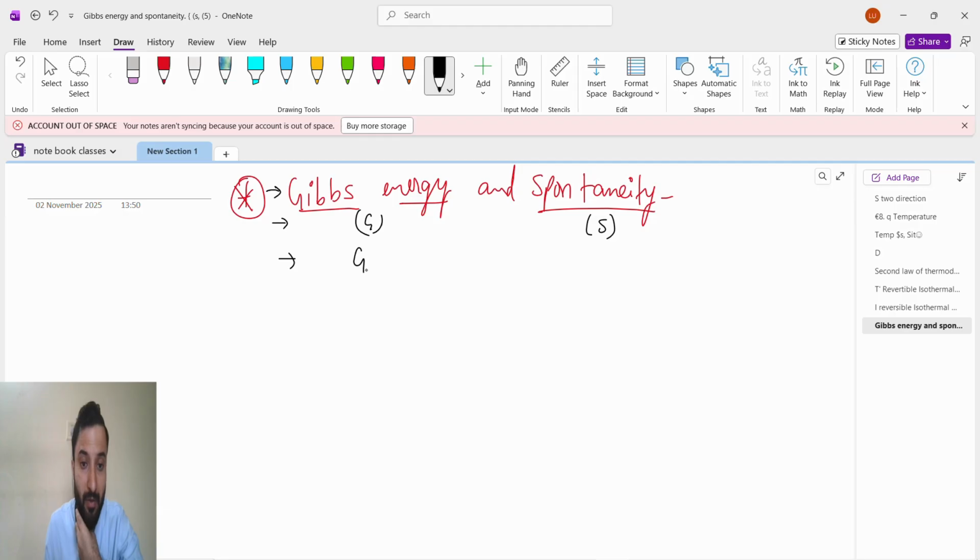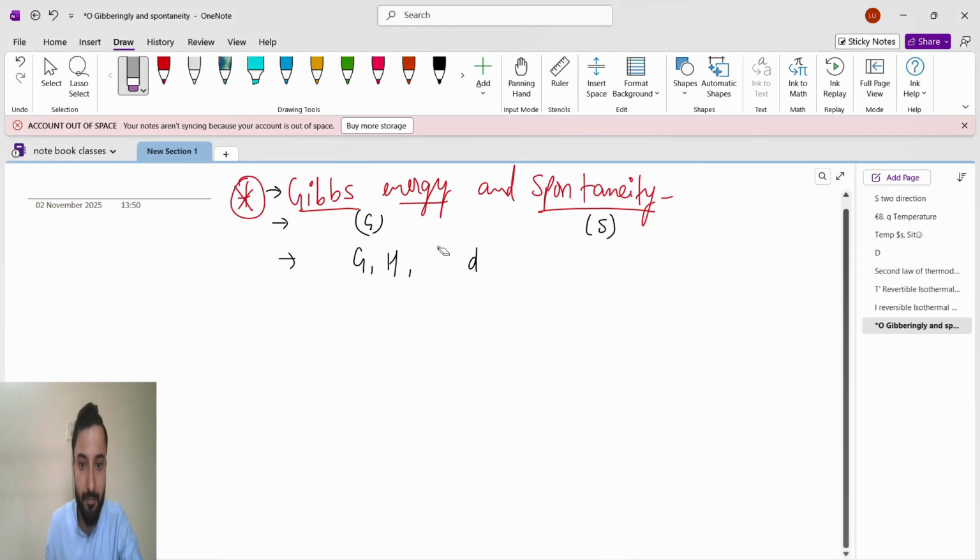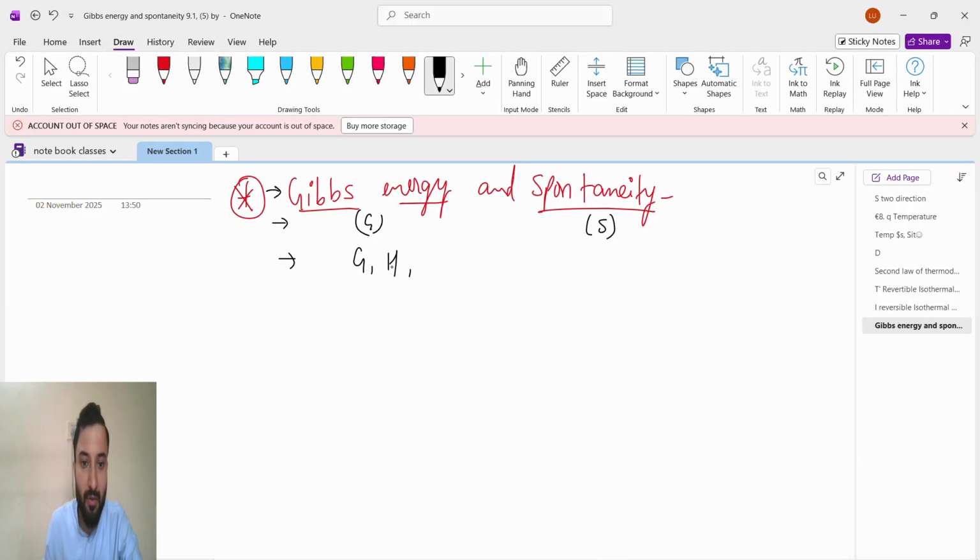Give the relationship between Gibbs energy, enthalpy and entropy at constant temperature.